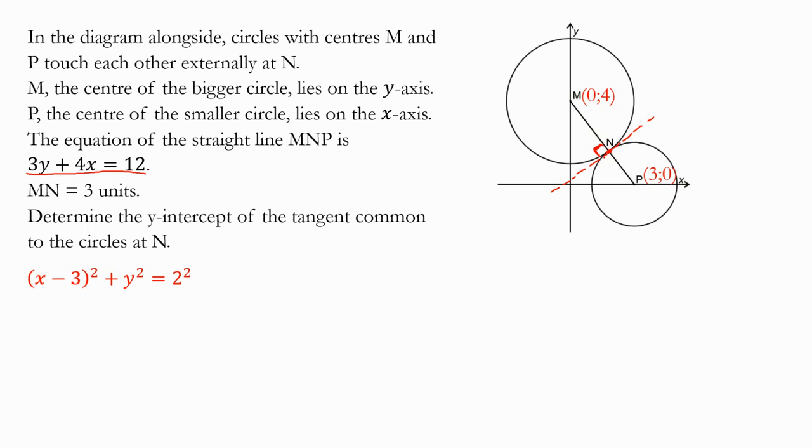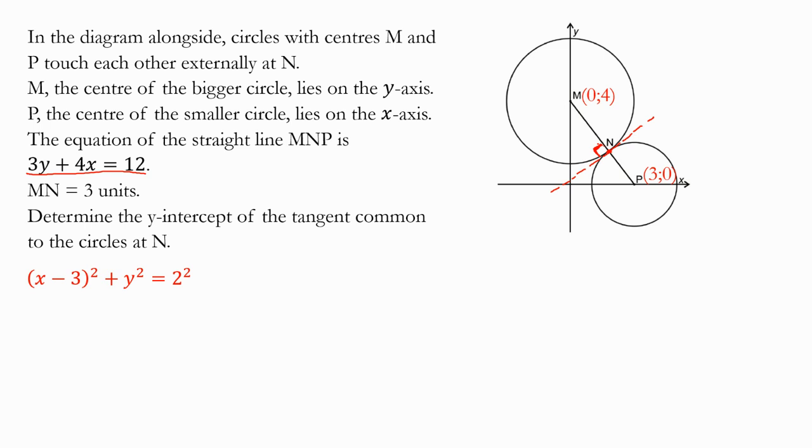Or we can say that the gradient of the tangent is the negative reciprocal of MNP. So we're going to find the gradient of MNP, and then after that we'll find the gradient of the tangent, because it is the negative reciprocal of MNP.